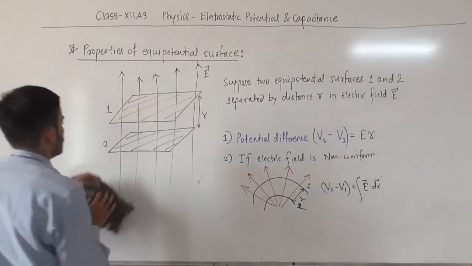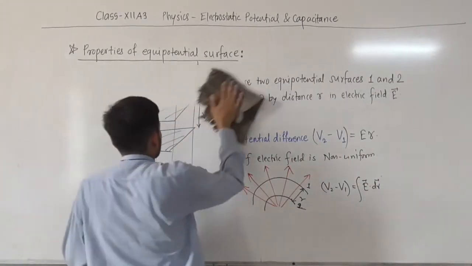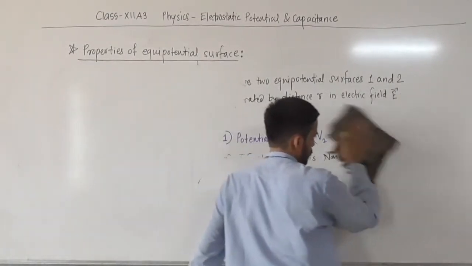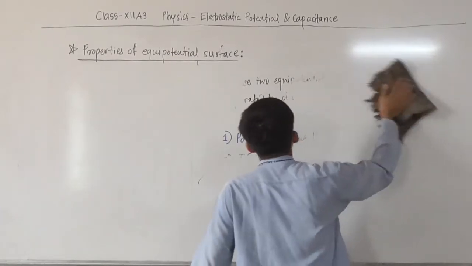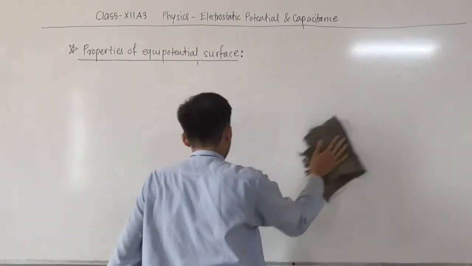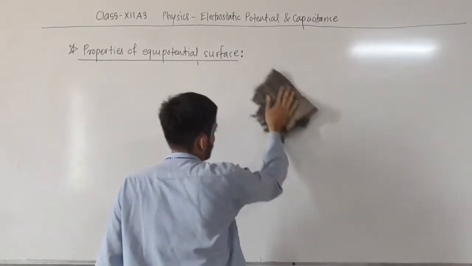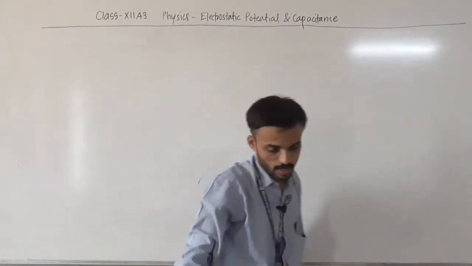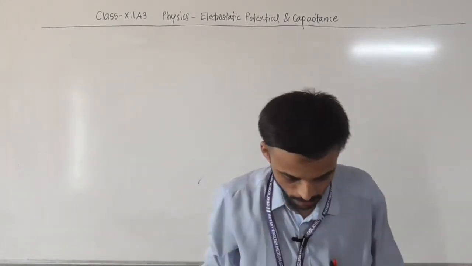Now we will draw some equipotential surfaces. Already we have drawn that, but now with the properties. So first for single charge you have written down. Now equipotential surfaces for different combinations I am having with me. Okay.